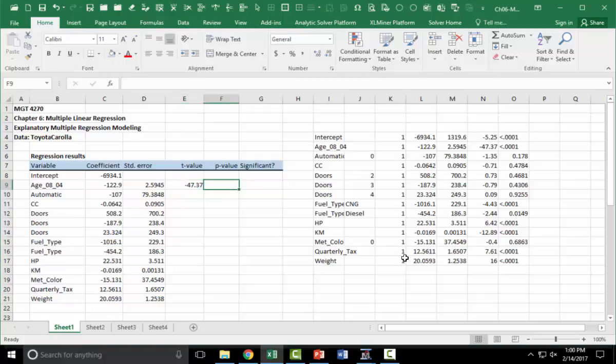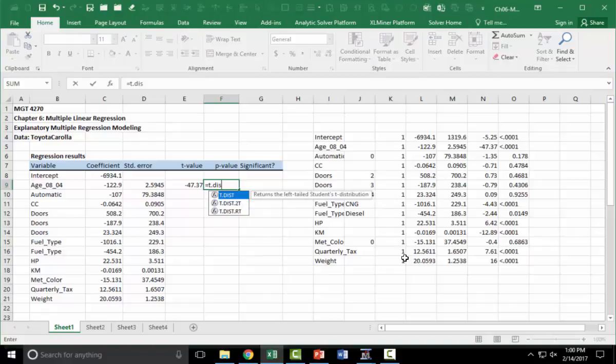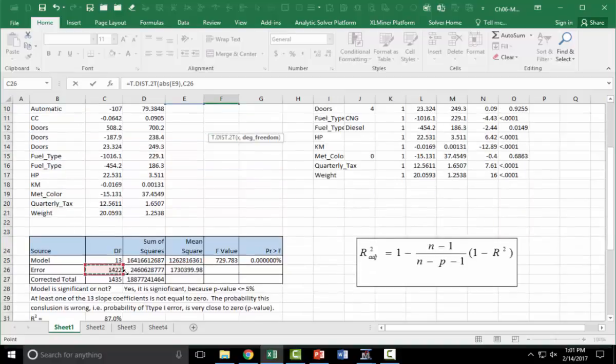Okay. Now the p-value, you can use the t-distribution, two-tailed test, and we need to make this into an absolute value. The t-value should be converted into an absolute value, and then the degrees of freedom is the same as the error degrees of freedom.